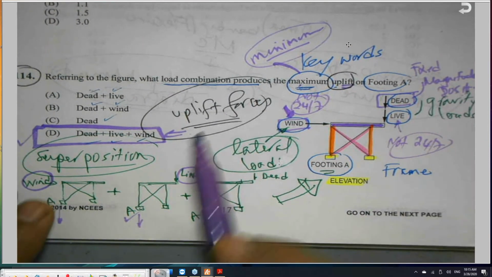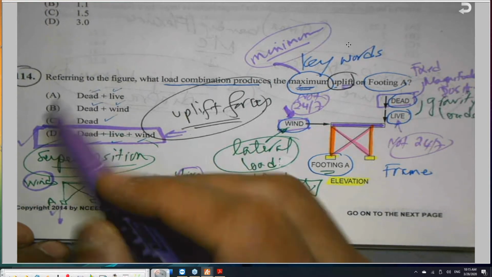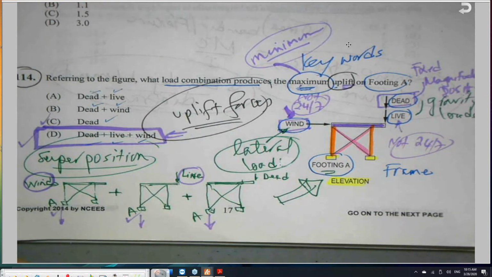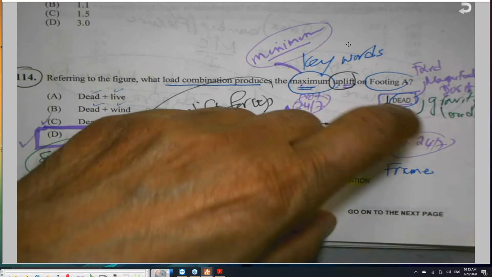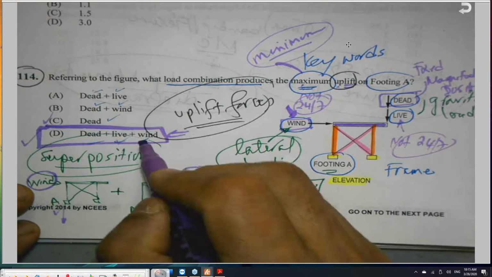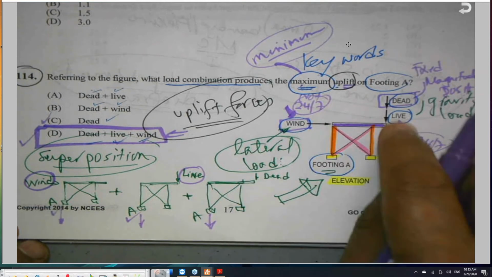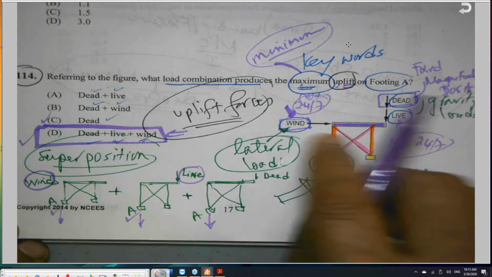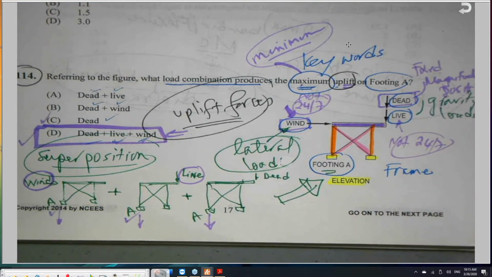So in this case, if you ask me what is the minimum, I will select my answer C, which is the dead load, because the dead load is always there, 24/7. Live load is not necessarily there, wind is not necessarily there. But again, for the sake of design, we don't design for the minimum, we design for the maximum, because this structure will have live load. This structure will be subjected one day to a wind, so we design for the maximum, and this is why he selected the word maximum.